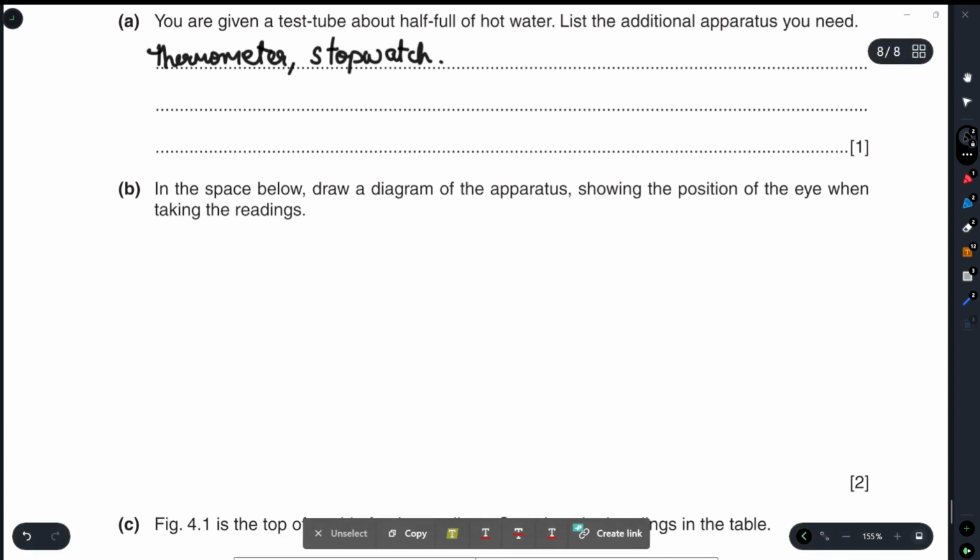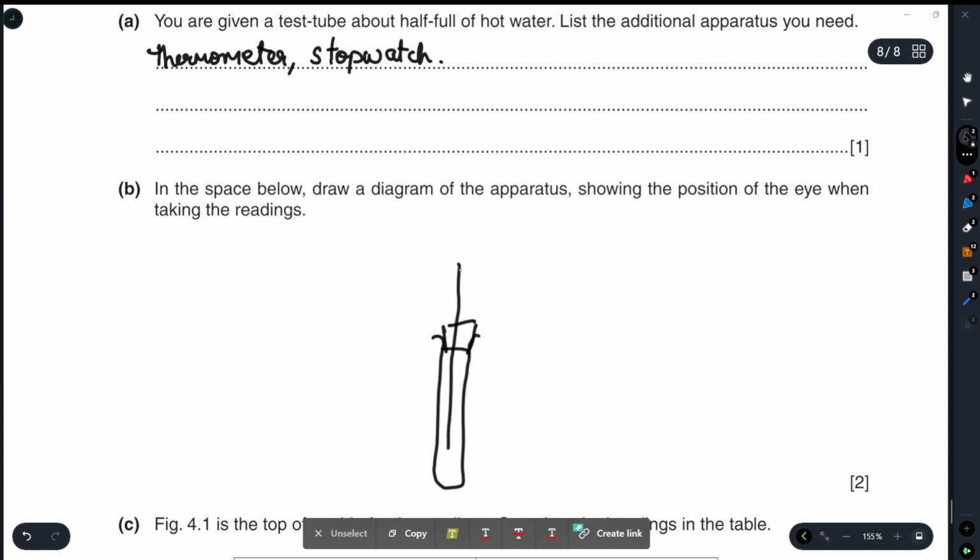In the space below, draw a diagram showing the position of the eye when taking the readings. So of course the position of the eye has to be perpendicular to the thermometer. So you've got your test tube. Okay, of course it's going to be corked. All right, you've got your thermometer. Okay, let's draw something bigger. So you've got your test tube, which is supposed to be corked.